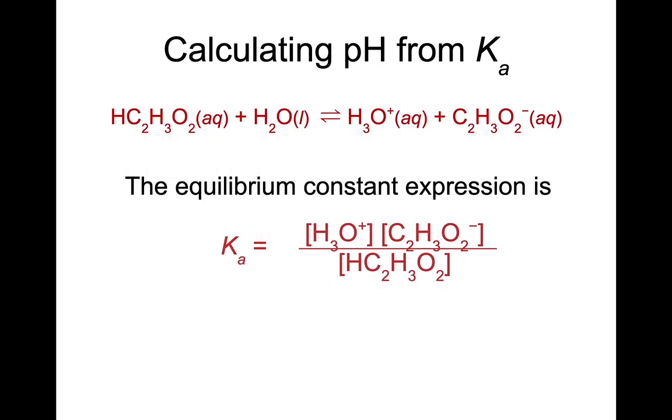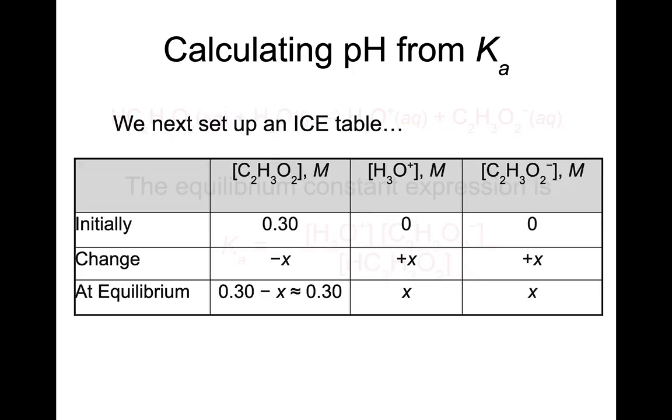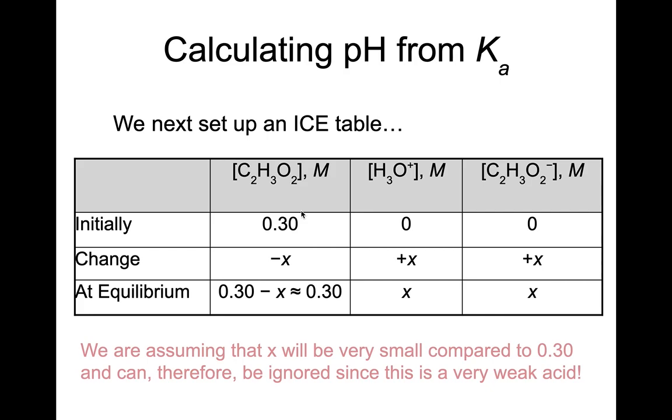First up, we will write our equilibrium expression. So we've got the concentration of our products over the concentration of our reactants. And then we need to set up our ICE table. So we were given the initial concentration of acetic acid. We assume that the initial concentration of these pieces was 0 because none went into the solution.